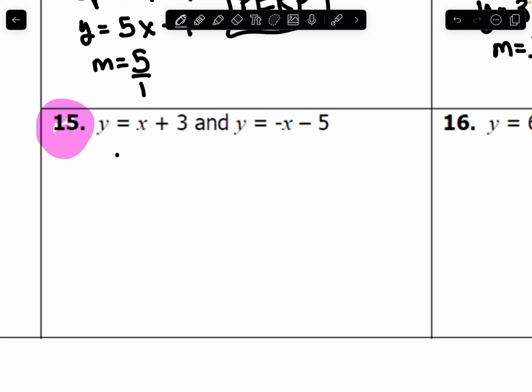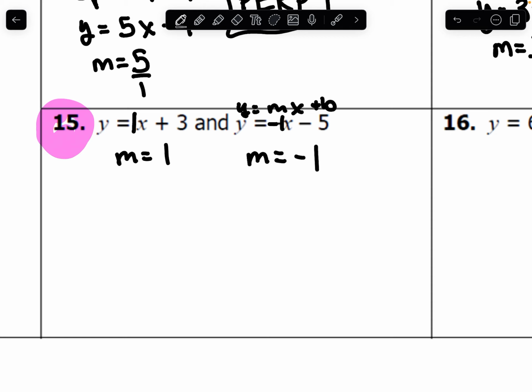So now, this time we have y equals, it should be pretty easy, but m equals 1 here because we have to think about the 1x right there. Well, the other one is also in y equals mx plus b, and just a heads up, if it helps you, write mx plus b. Well, the m again is negative 1 because that's negative 1x. So the m equals negative 1.